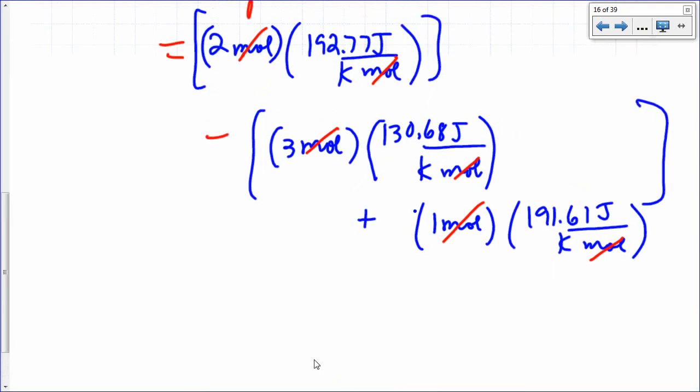So the mole cancels out. What's the answer? Someone calculate that for me.